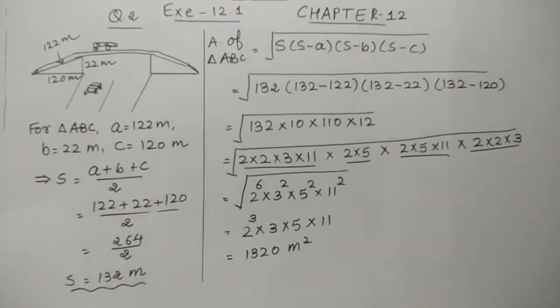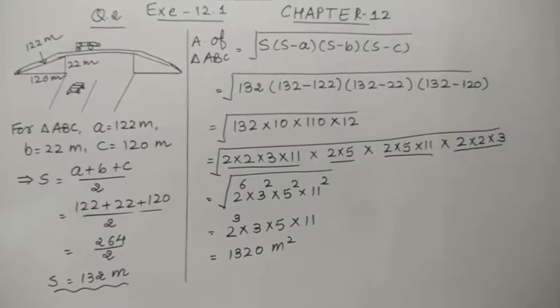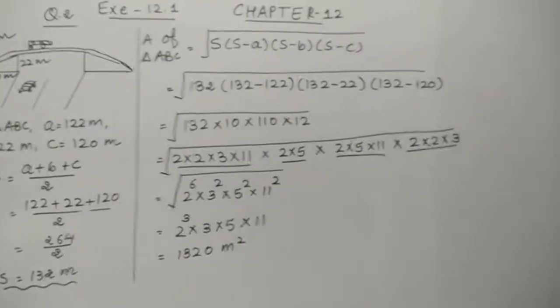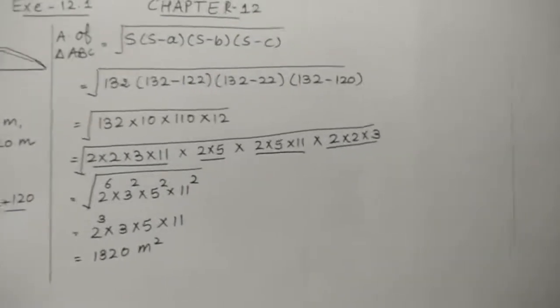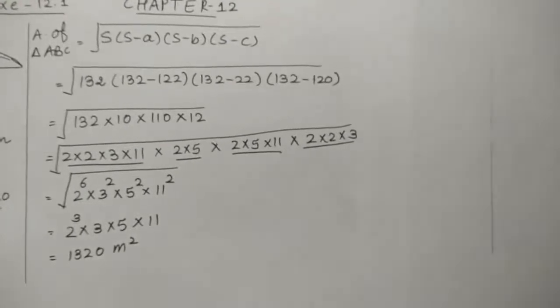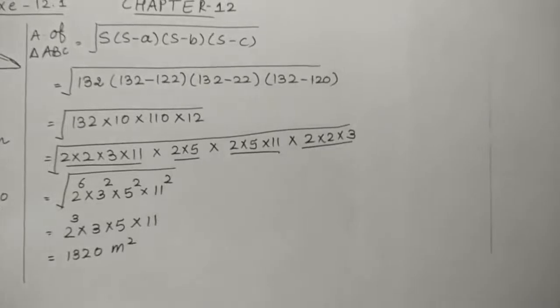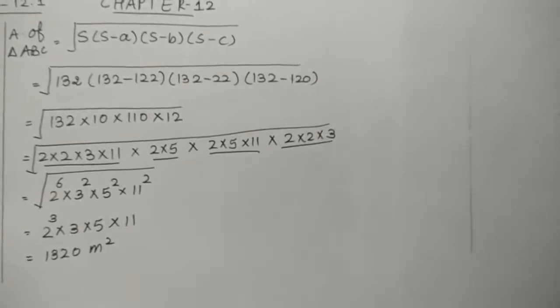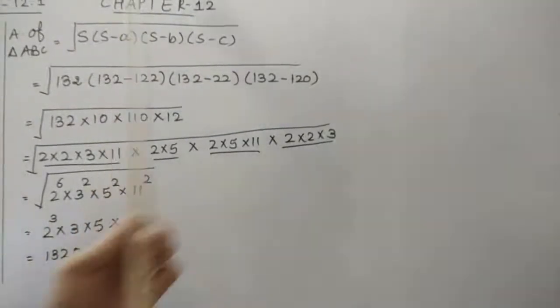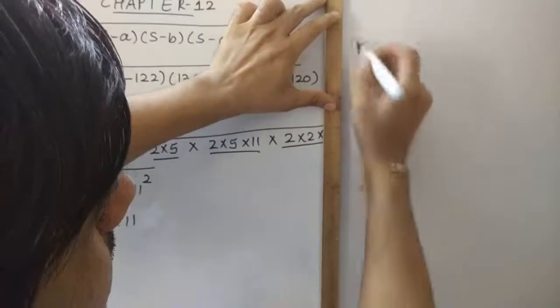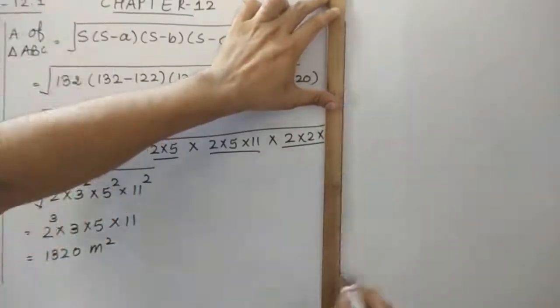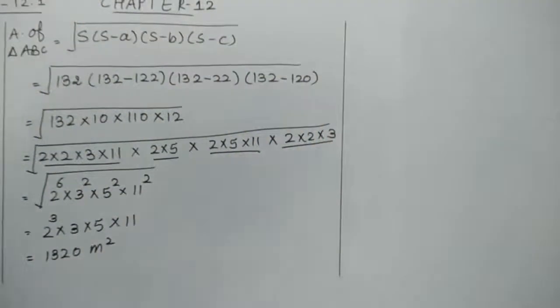We got the area. Now remember students, one more value is given in the question which we have to find out. हमें ये question में क्या ढूंढना है? So in this question we have to find out the cost. हमें cost देखना है. So let's come to that simplification. अब हम वो simplification कर रहे हैं. For that simplification, let us see what they have given.